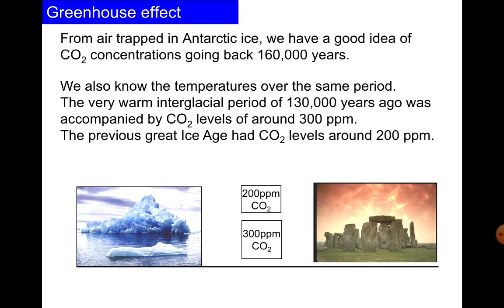If we see the left picture and the right picture, which label goes to each picture? We have 200 ppm and 300 ppm. The 200 ppm to the left, and the right one 300 ppm, which is nowadays. Let's say that on the left side we had the old ice age. Okay.